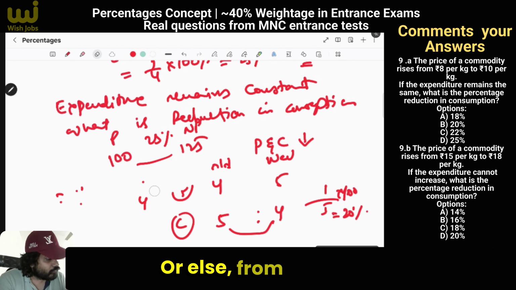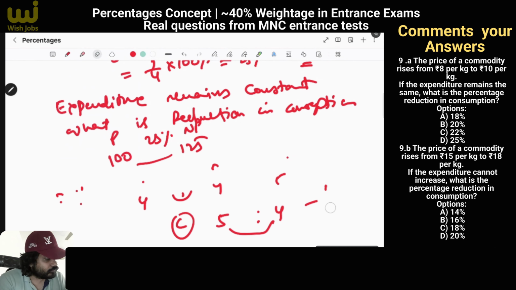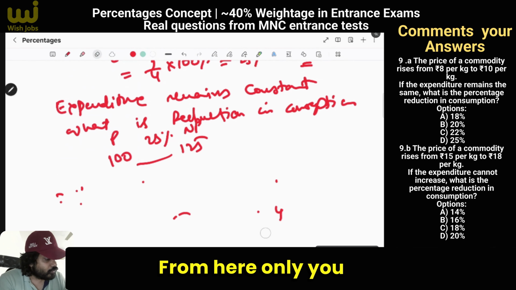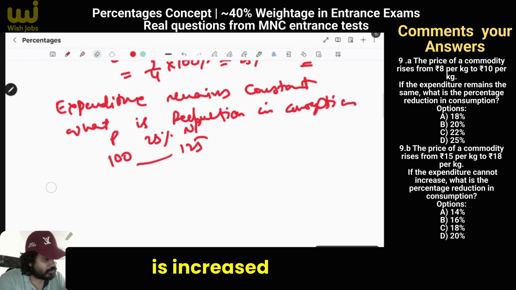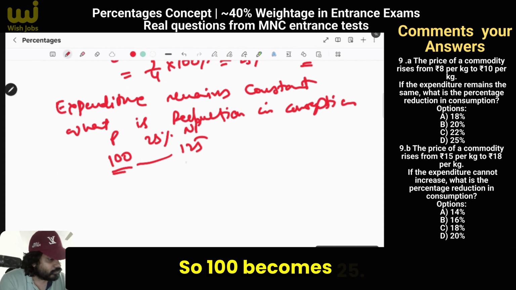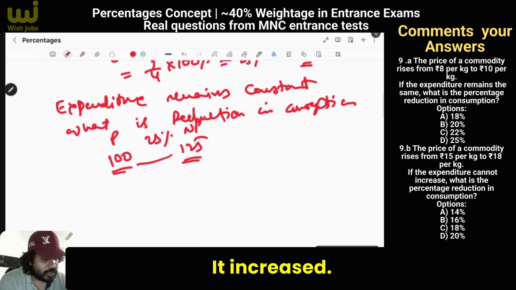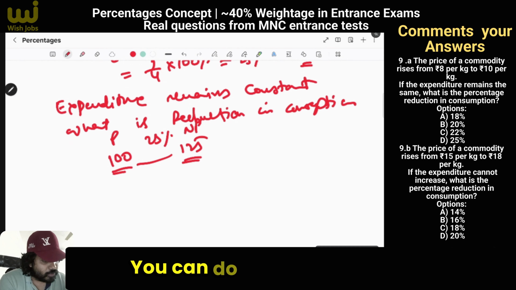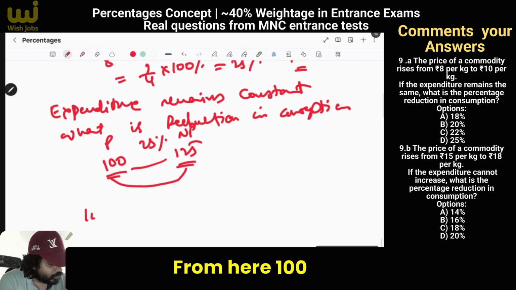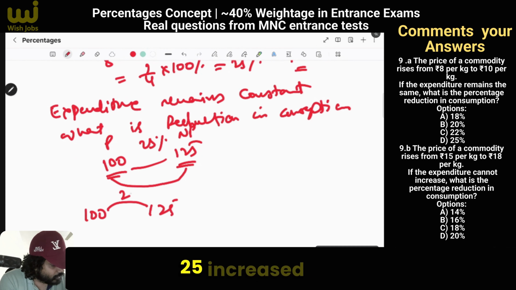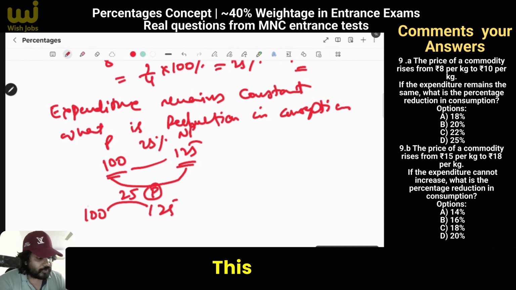Or else from here only you can calculate. When the price is increased by 25, right? So 100 becomes, 25 percentage it increased. So consumption is inversely proportional, you can do the opposite. Now from here 100 to 125, 25 increased price. This is the old price, this is the new price.